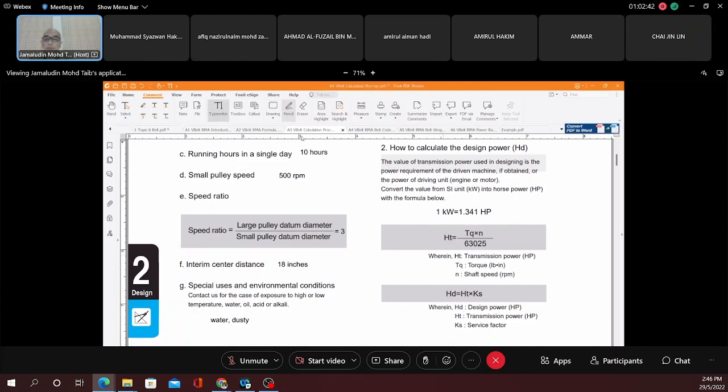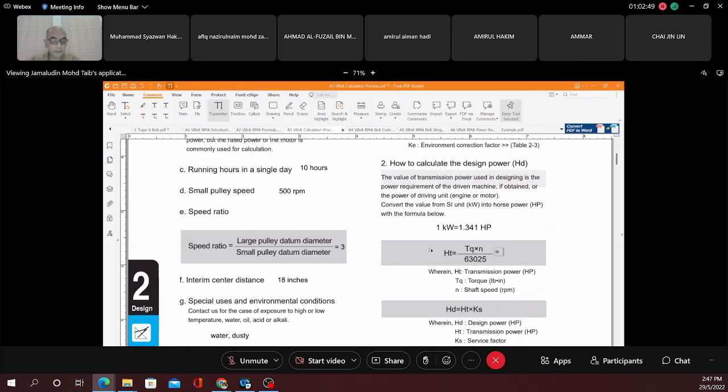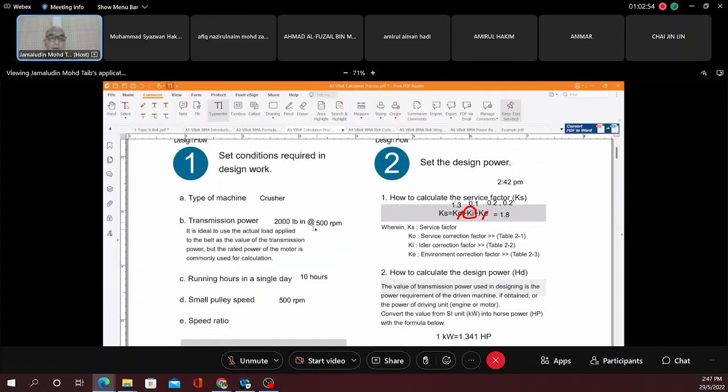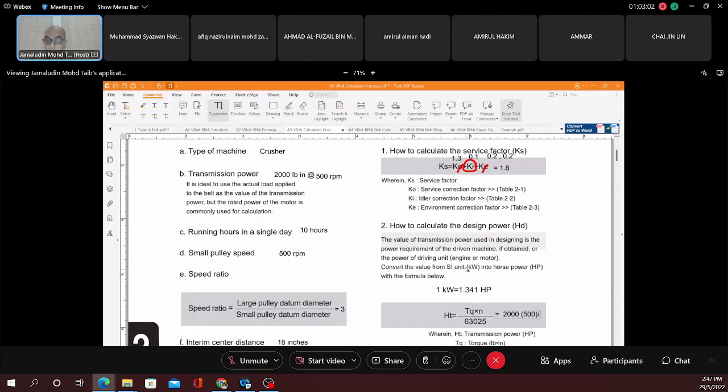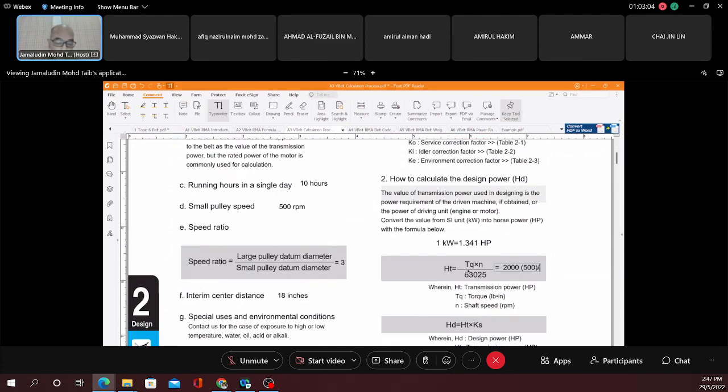In our case, it's 2,000 times 500 RPM, divided by 63025. The value will be in horsepower. Okay, let me get my calculator here.